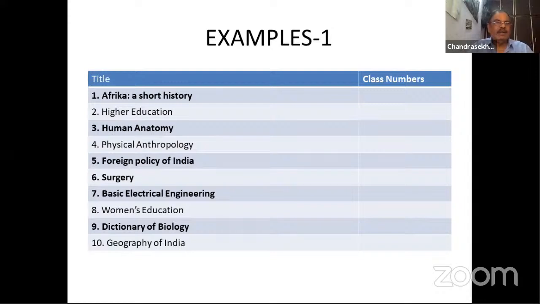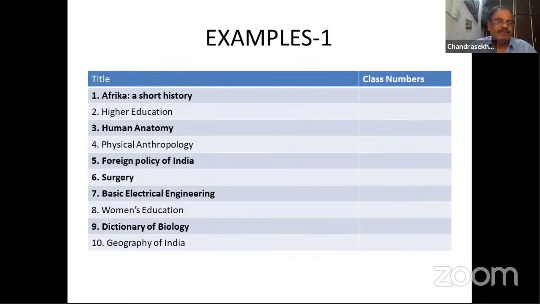Exercise number 1, you take down. I have given 10 titles here. I have not assigned the class numbers intentionally. Let us discuss how far you could understand the method of assigning class numbers to the different titles.